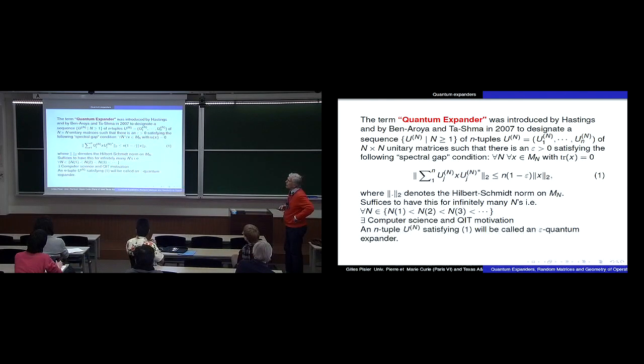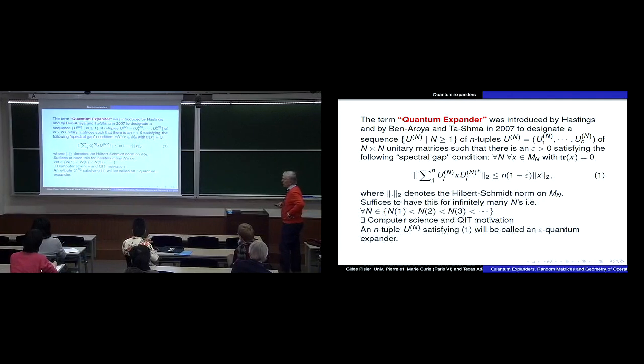Hastings was at Microsoft, I don't know if he still is. Ben-Aroya and Ta-Shma are computer scientists at the Weizmann Institute. They were interested in relations of this notion to computer science and also to quantum information theory. It has some connection with that, and I think it's been taking momentum in the literature in quantum information theory and computer science.